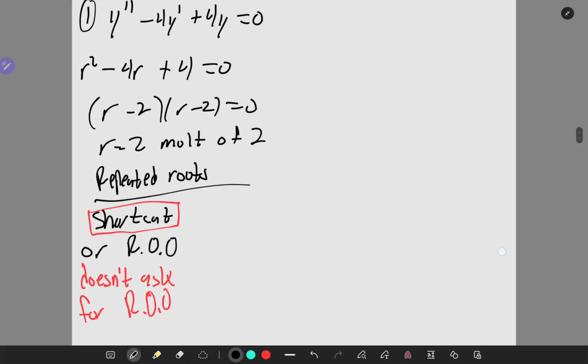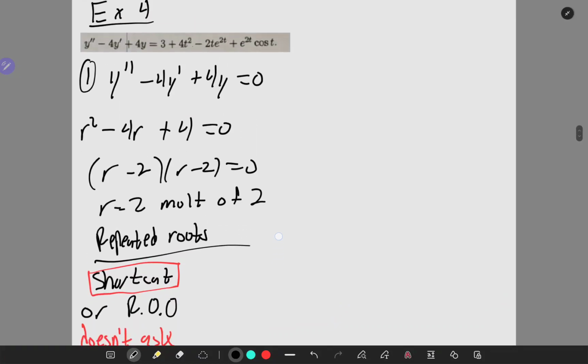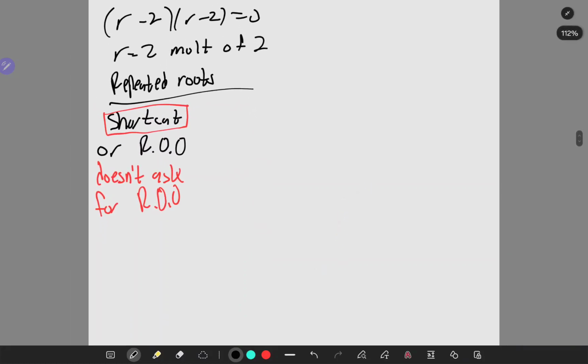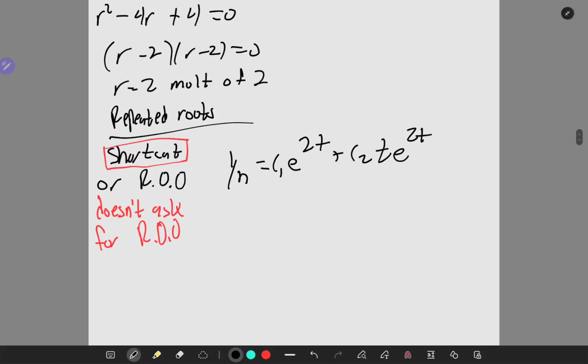Plus, this is a pretty simple case to use the shortcut for, right? So now let's look at this. We have r equals 2 twice. So then our y sub h would be c1 e to the 2t plus c2, and we just multiply it by a t. That's the shortcut. Or we can go through reduction of order to get that t, right? That's our y sub h.